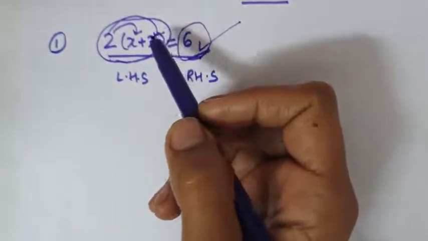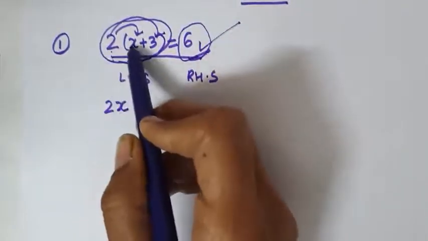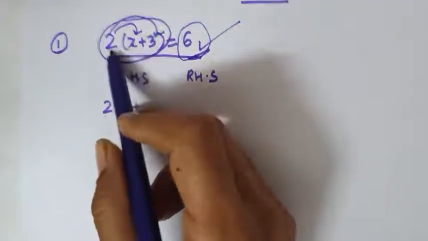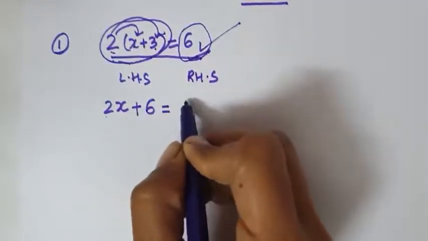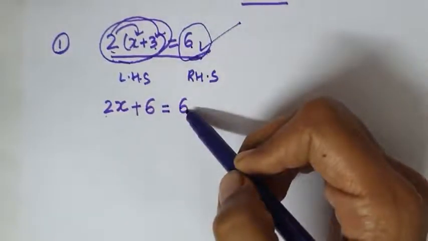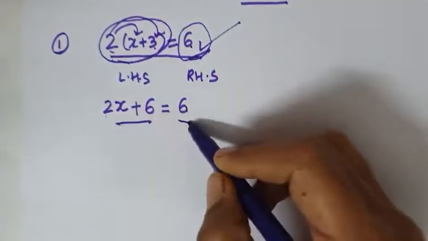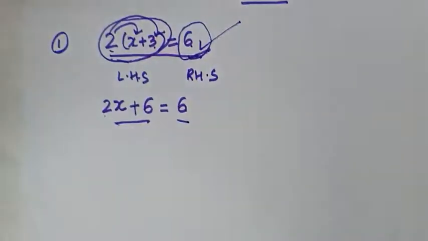So what do we get? 2 multiply x is 2x, plus 2 multiply 3 is 6, equals to 6. This I am writing the same. Now the left hand side and the right hand side are both in simplified form. Now the next step is a very important step.